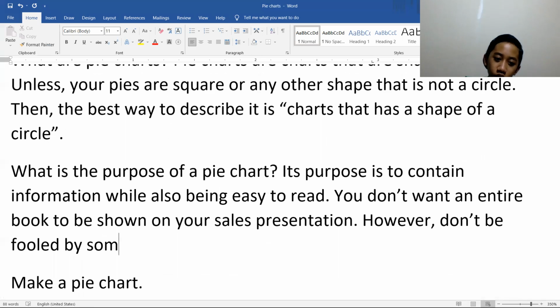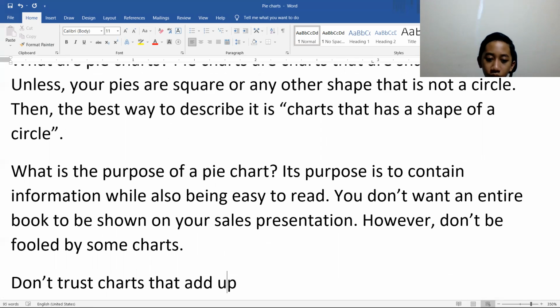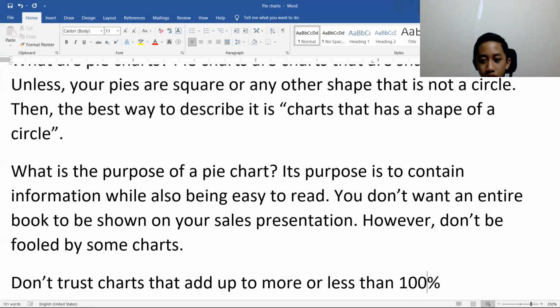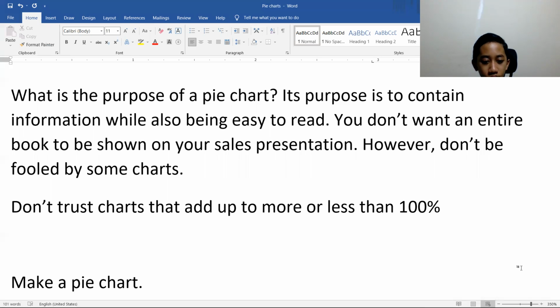Some charts, and I'm talking about all of the charts, not just pie charts, don't add up to 100%, they add up to more or less than 100%. Wait, that's not about pie charts. Okay, there you go.